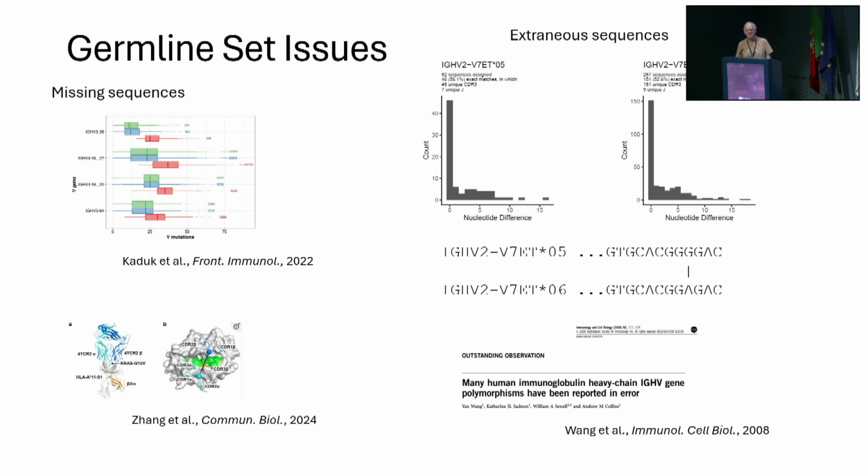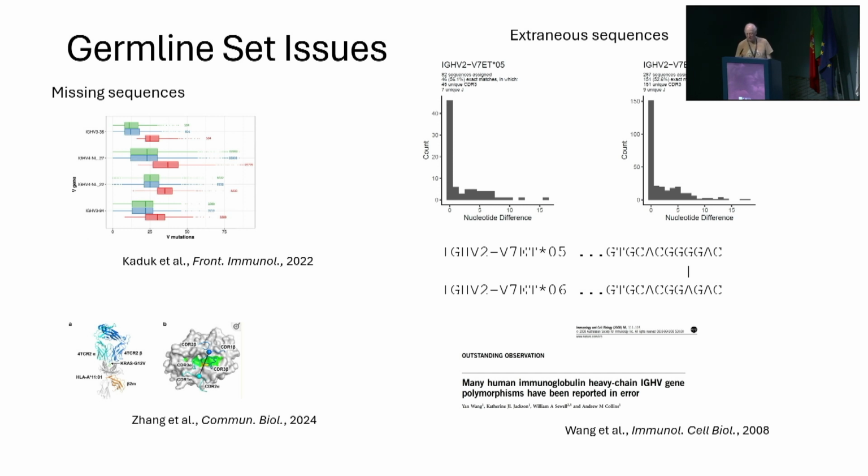And I mean, very questionable evidence. I'll go into that in a little bit more detail if you're interested. And again, having those extraneous sequences there can cause issues in annotation. Sequences can be misannotated to alleles that don't really exist, and that messes up clonal inference and so on.